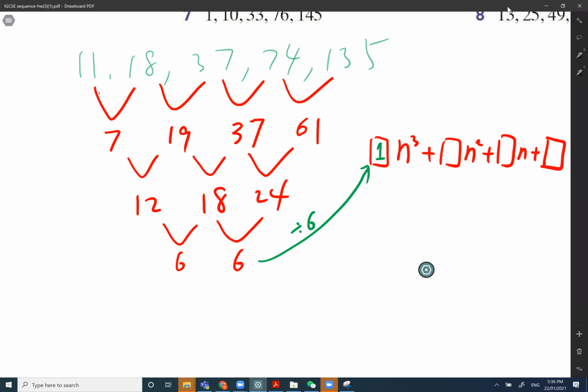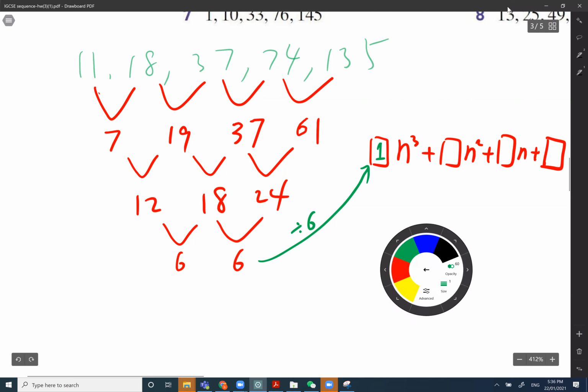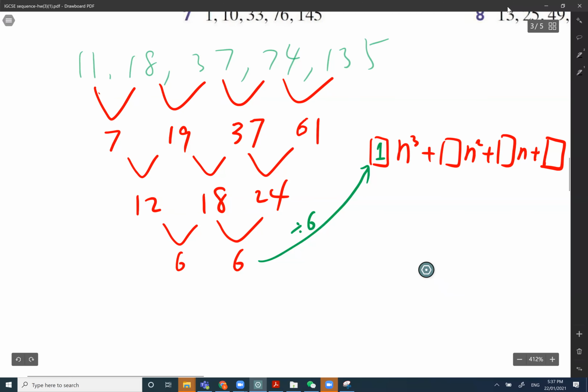How do we find the other numbers? Next part. Because we know n cubed already, Alina, tell us some cube numbers. 1 cubed equals 1. 2 cubed equals 8.